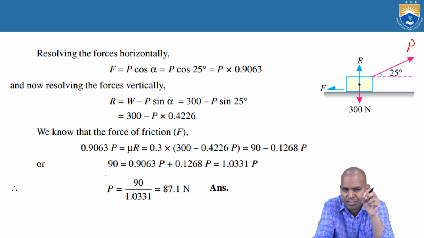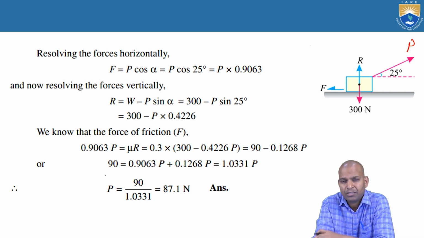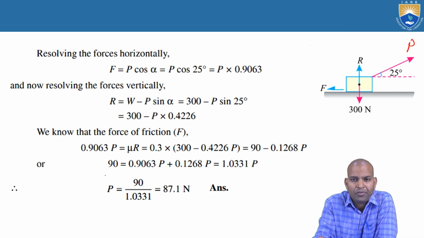That is, sigma Fx equals 0, the algebraic sum of all horizontal forces equals 0, and sigma Fy equals 0, the algebraic sum of all vertical forces equals 0. We apply these two equilibrium conditions to calculate the unknown parameter.